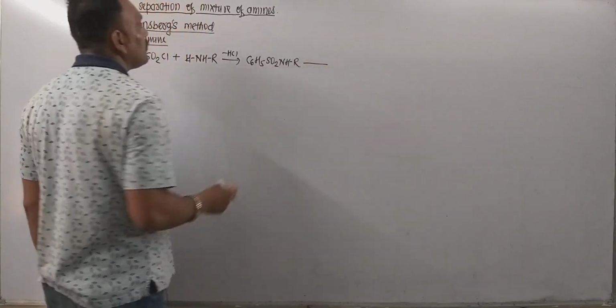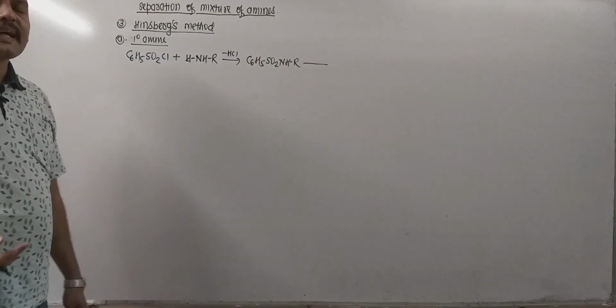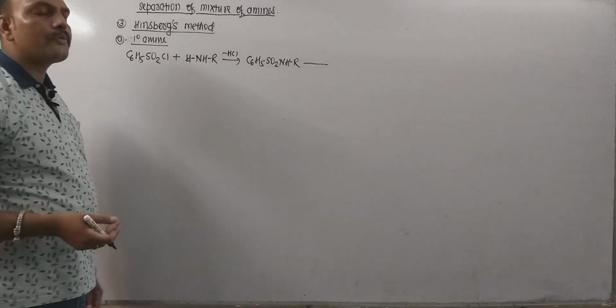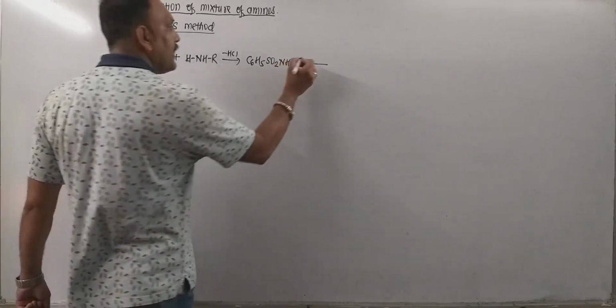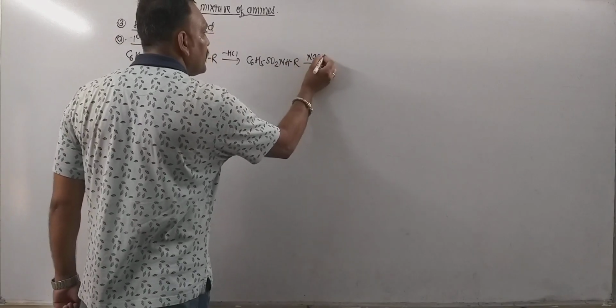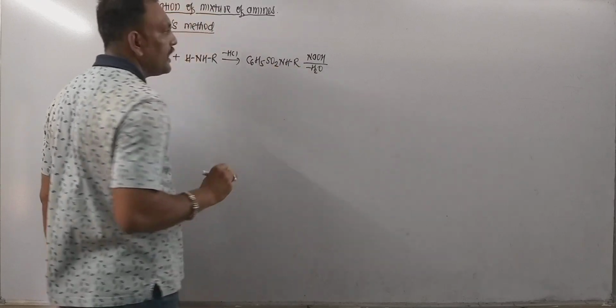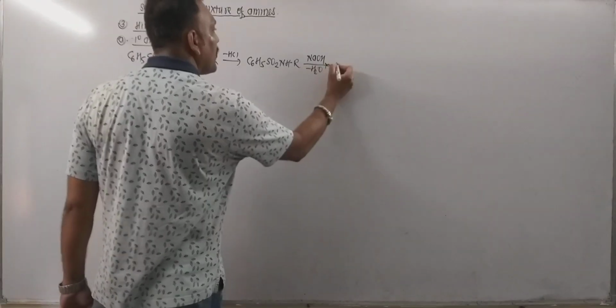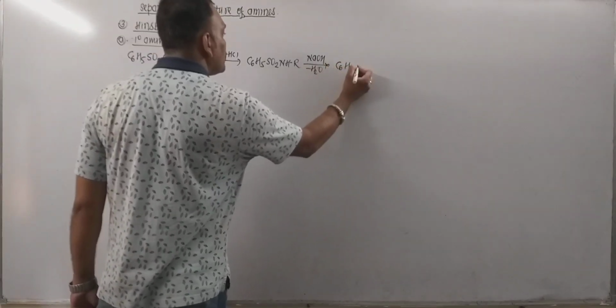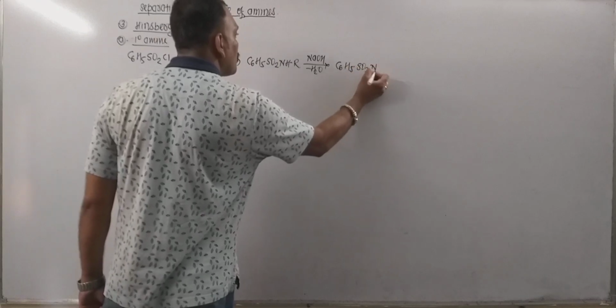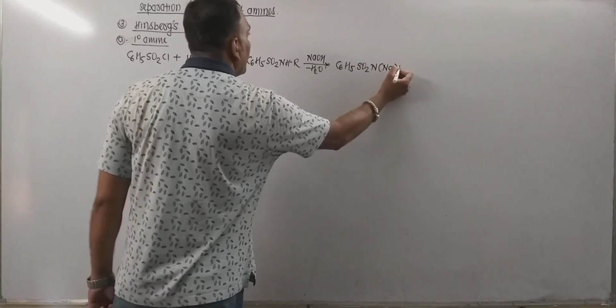After reacting with Hinsberg's reagent, we need to treat the mixture with alkali, like NaOH. When we do this, departure of water takes place, this acidic hydrogen gets neutralized, leading to the formation of C6H5SO2NNaR.